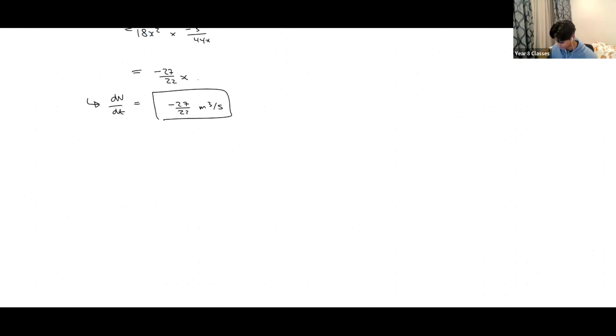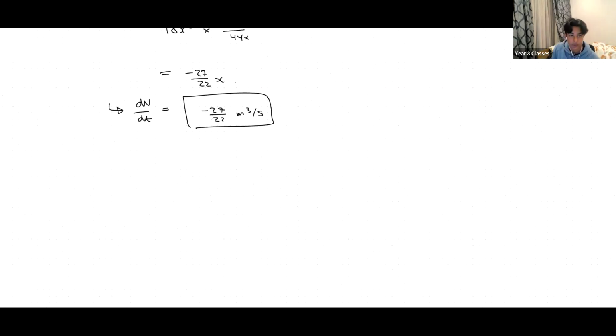The slightly more complicated one now. For this question, we have a tank that stores 475,000 liters, and it starts with pure water.